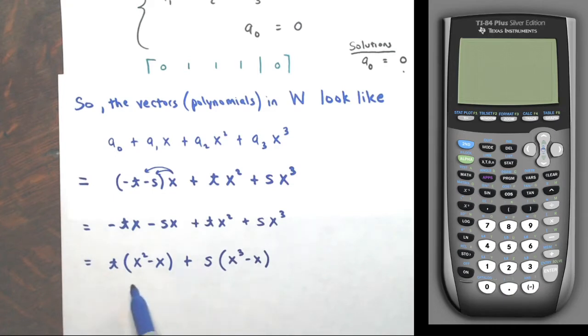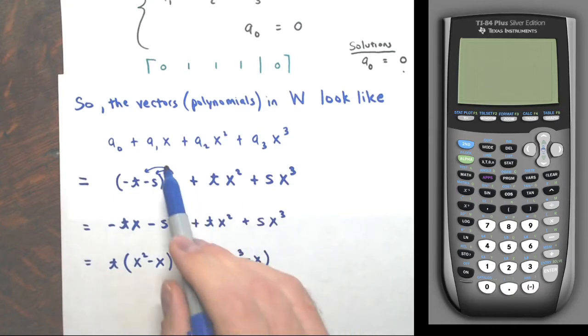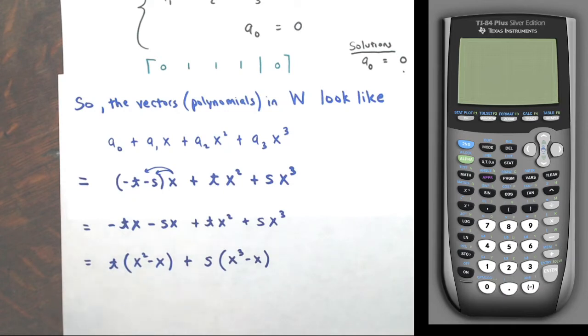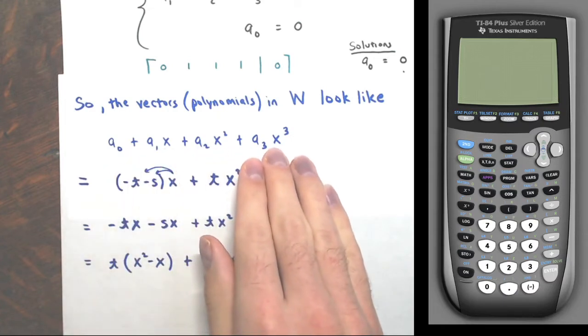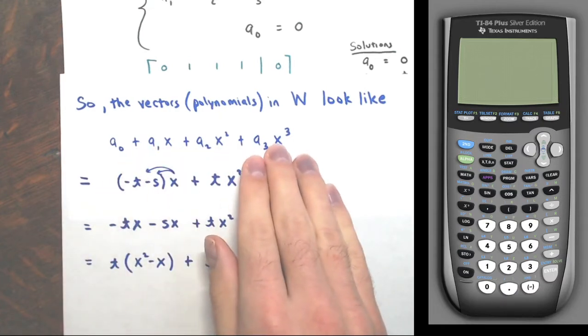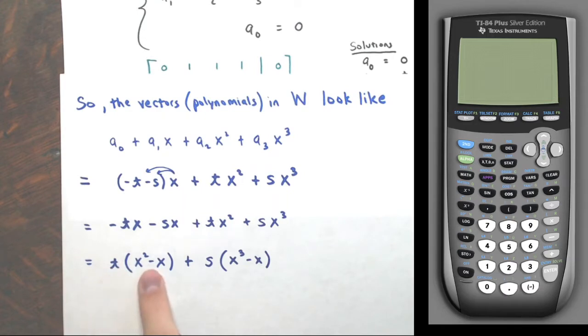What this is saying is that these are real numbers, scalars. Every vector in W, every polynomial in W, is a scalar times this polynomial plus a scalar times that polynomial. So it's a linear combination of these two polynomials.